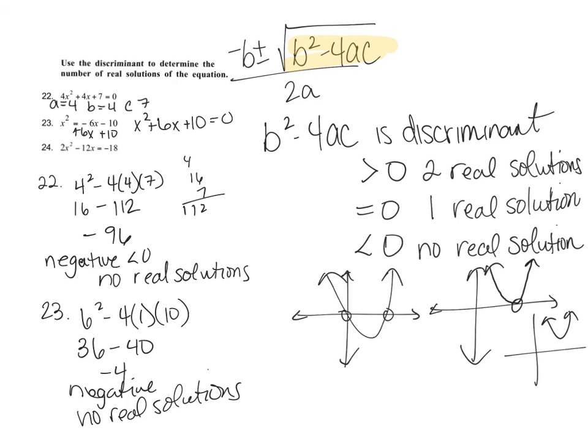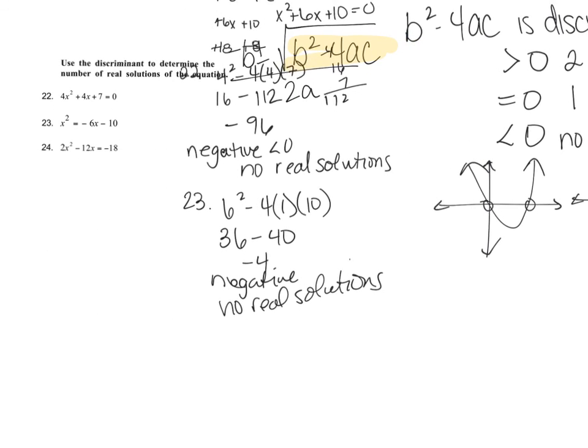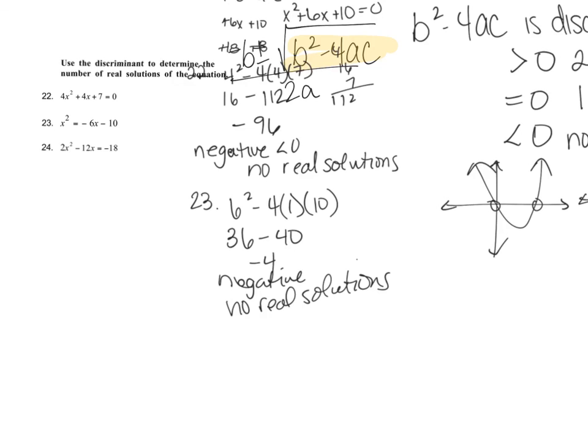And then lastly, we'll add the 18. So we get 2x squared minus 12x plus 18 equals 0. My a is 2, my b is negative 12, and my c is positive 18.